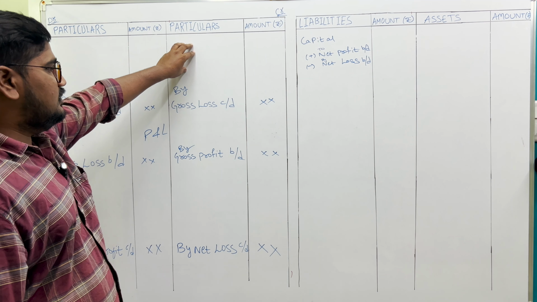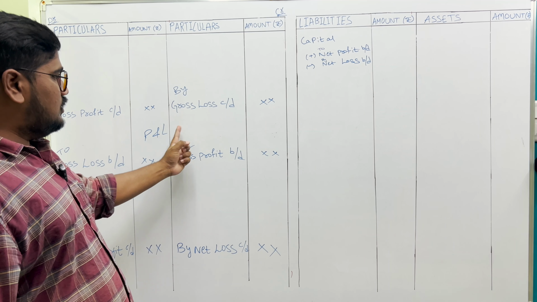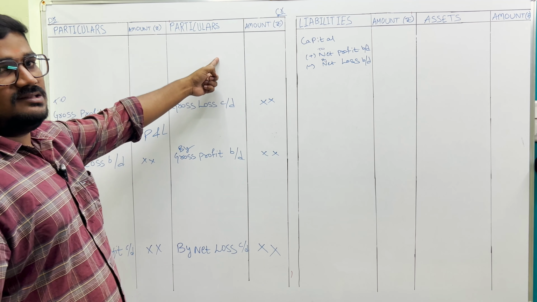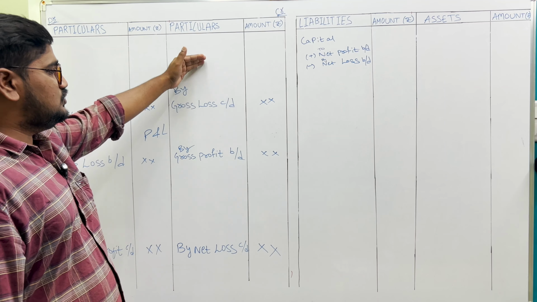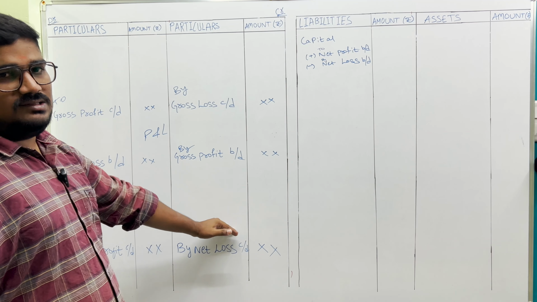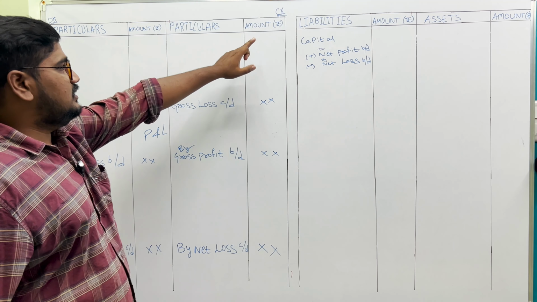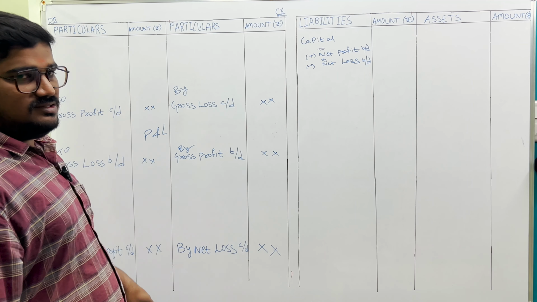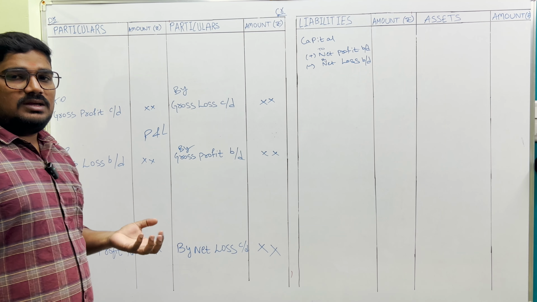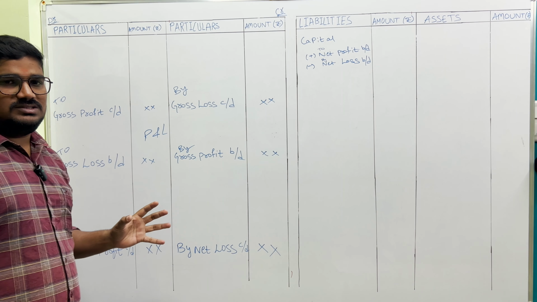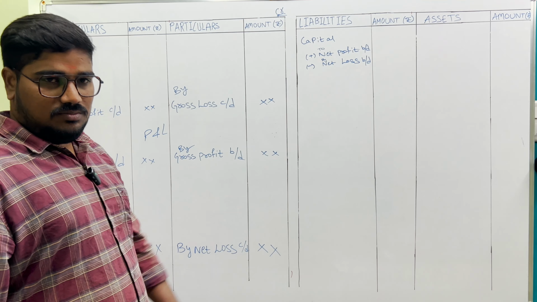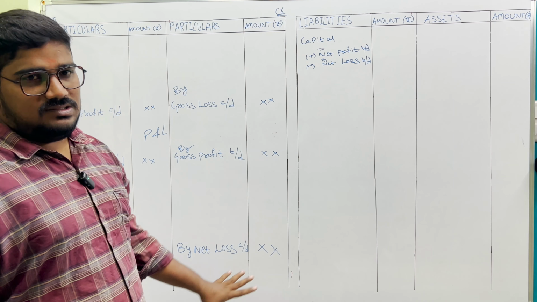On the credit side, it should be 'By': by gross loss, by sales, minus by sales returns, by closing stock. It should be 'By' always on the right side. This debit and credit, these 'To's and 'By's will also carry some marks. This is nothing but the presentation, the presentation that we talked about before.